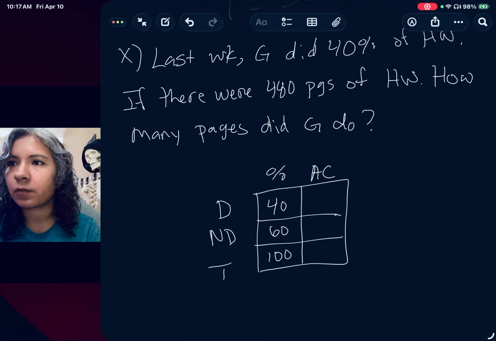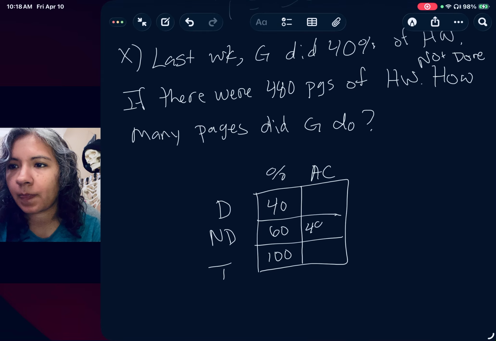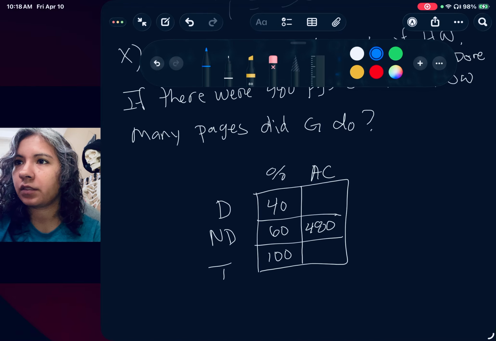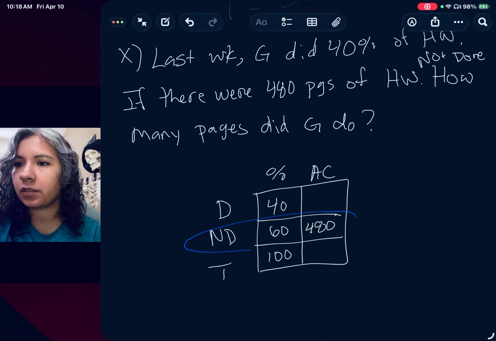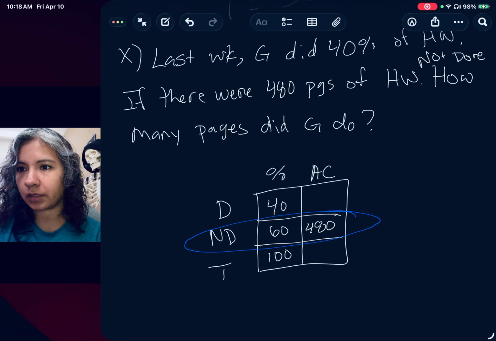Oh, if there were 480 pages of homework not done, let's do that here. 480 pages of homework that weren't done, how many pages did he do? So we are definitely using this one because we know the not done. But now we're not looking for how many total pages of homework there were.